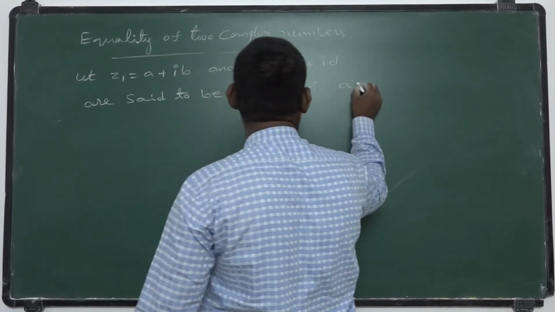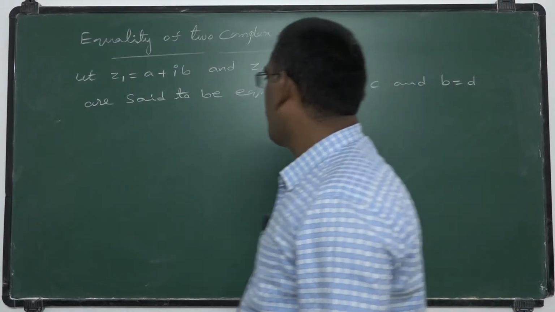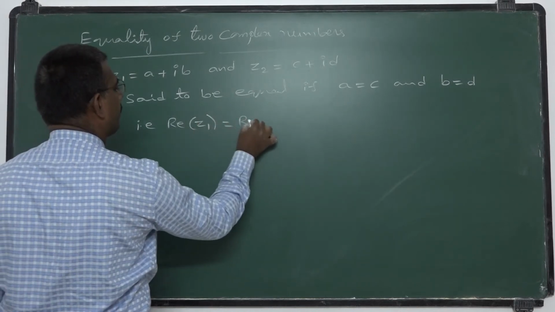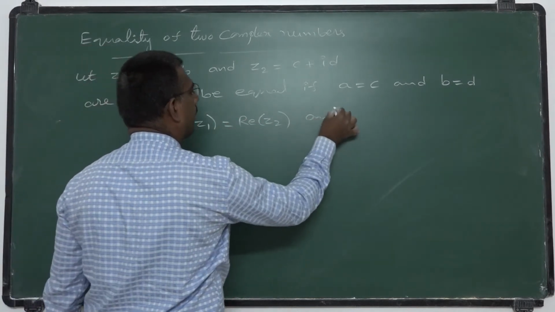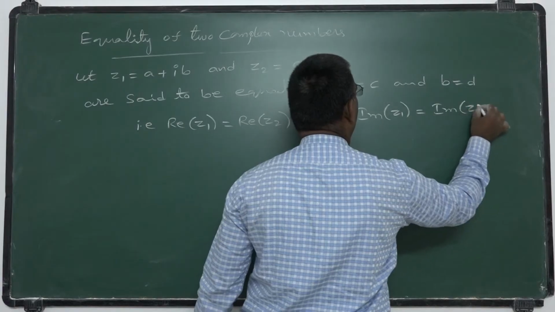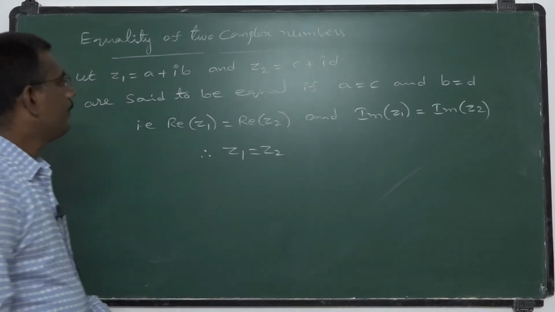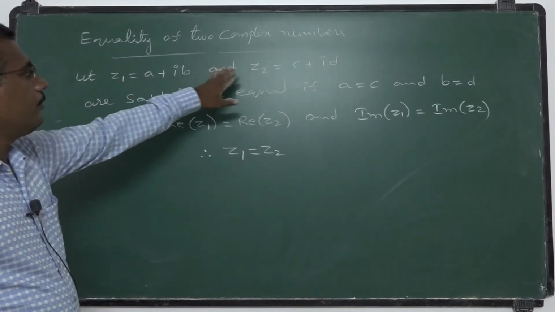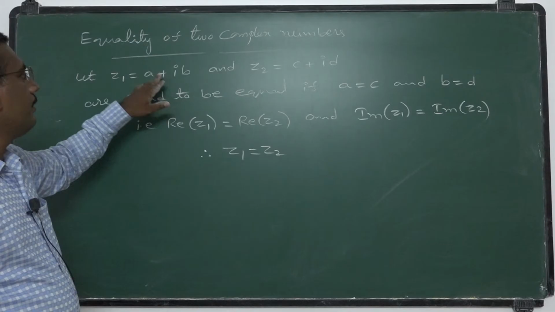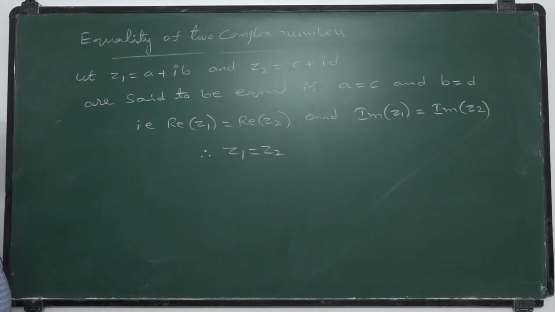If a equal to c and b equal to d, that is, the real part of z1 is equal to the real part of z2 and the imaginary part of z1 is equal to the imaginary part of z2, then we say that z1 and z2 are equal.